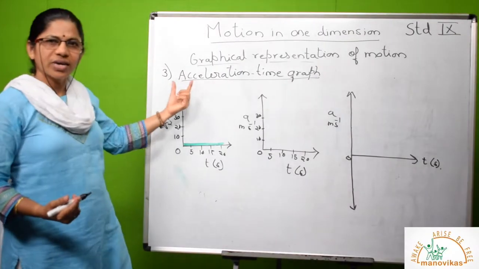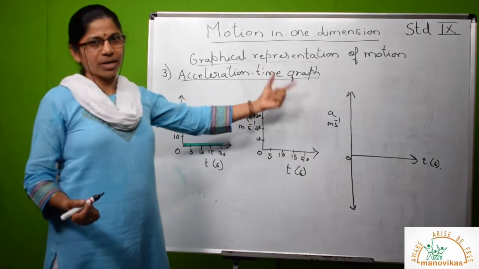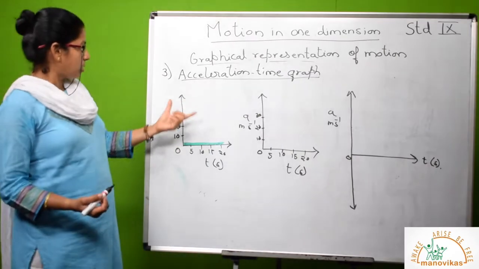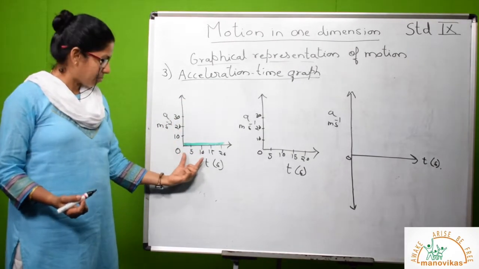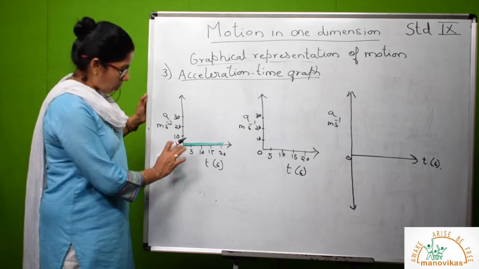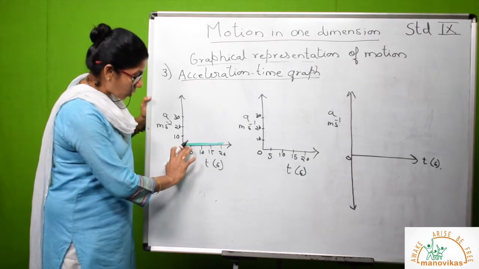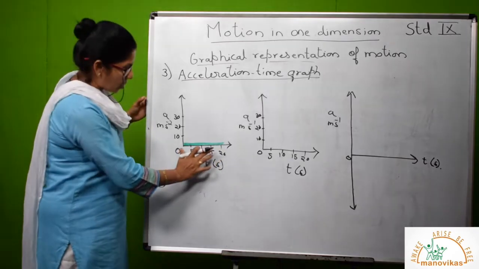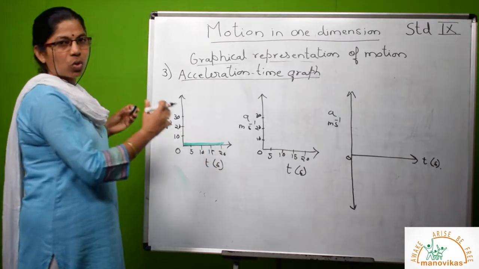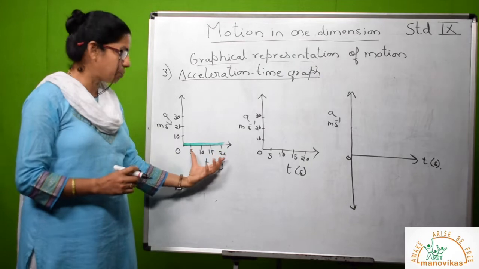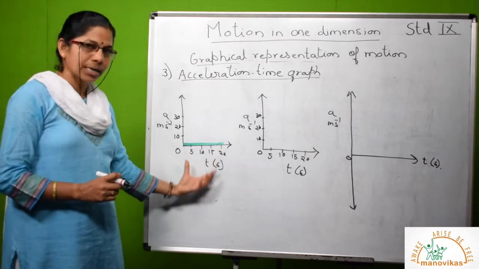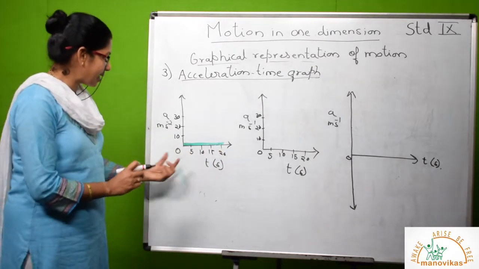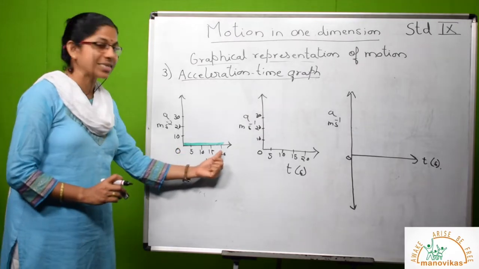The third type of graph is the acceleration time graph. Now on an acceleration time graph, if I draw a line which is on the time axis, there is a motion which is represented on the time axis. Now what information do you get from this type of graph? You can see here that acceleration is in fact 0.